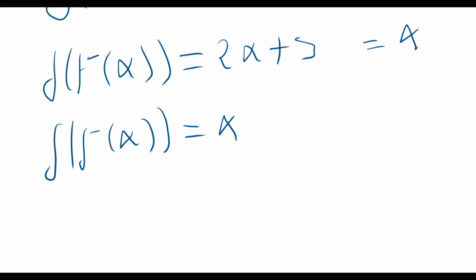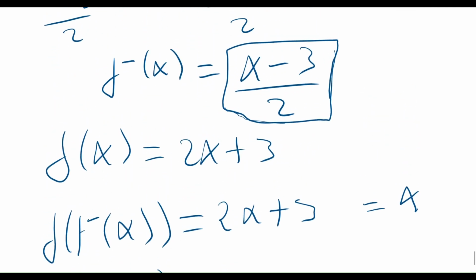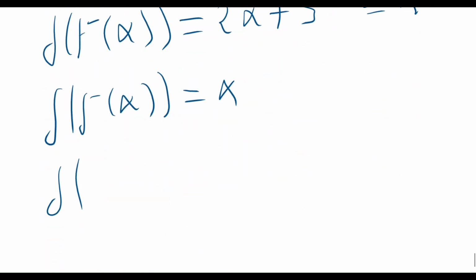So now we can try to substitute it into our equation. We have the inverse of this function. We already found that is x minus 3 over 2, right? We set it equal to this equation 2.